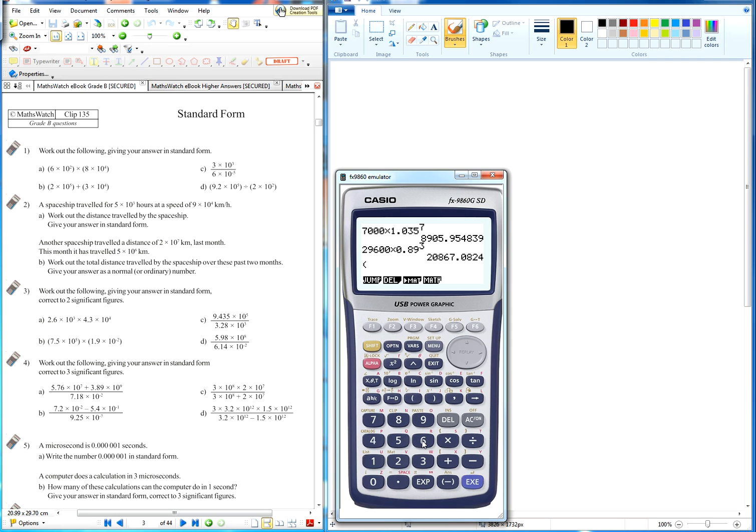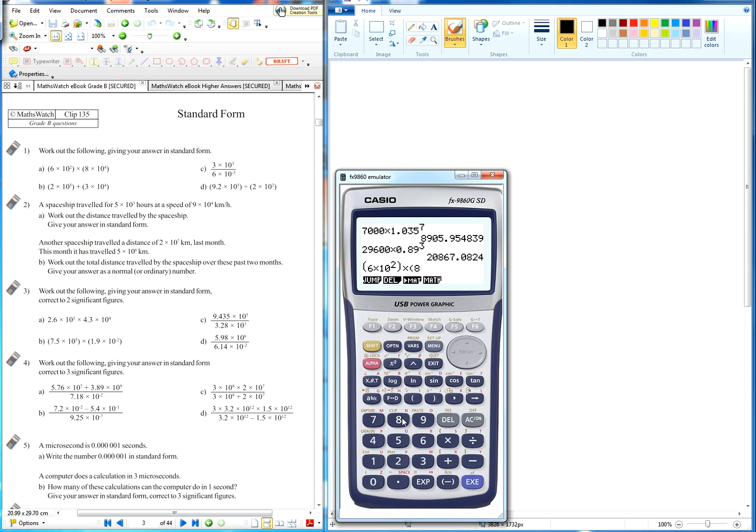So bracket 6 times by 10 squared. Close bracket. And then we multiply that by, so I'm looking at question 1A, we're copying into the calculator, showing you how we use the calculator properly.